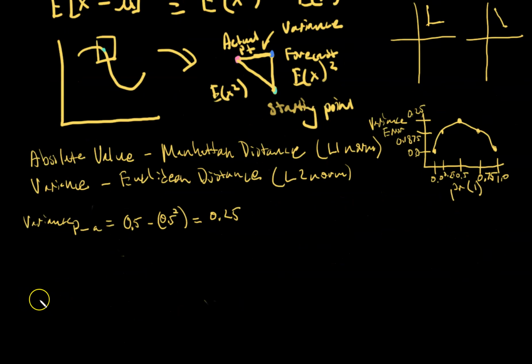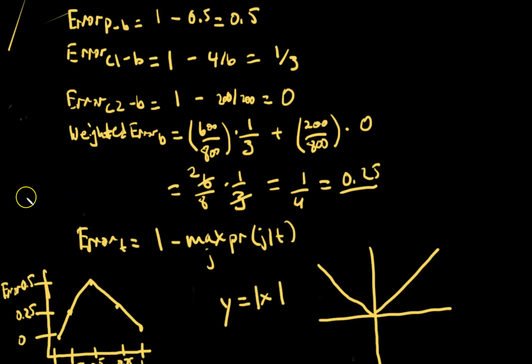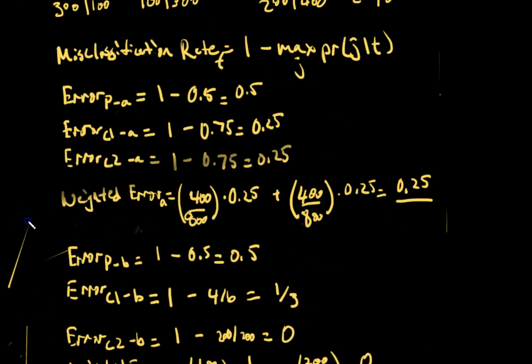And then what about the child node? We have the variance of child 1 of A. We took the majority class before as our reference, so we could do the same thing.